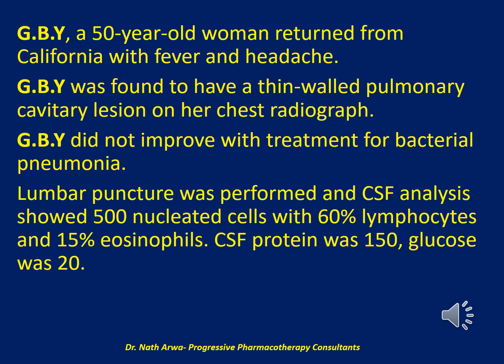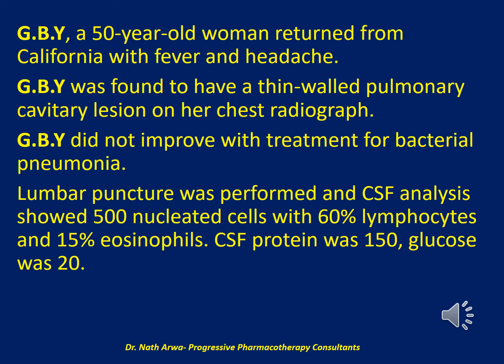And the next question reads, GBY, a 50-year-old woman returned from California with fever and headache. GBY was found to have a thin-walled pulmonary cavitary lesion on her chest radiograph. GBY did not improve with treatment for bacterial pneumonia.